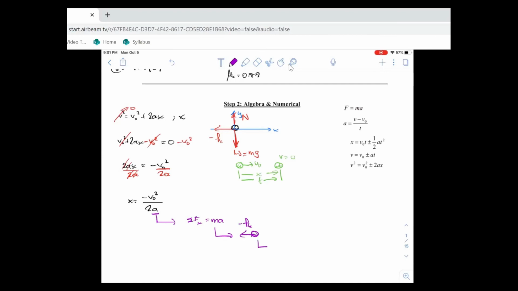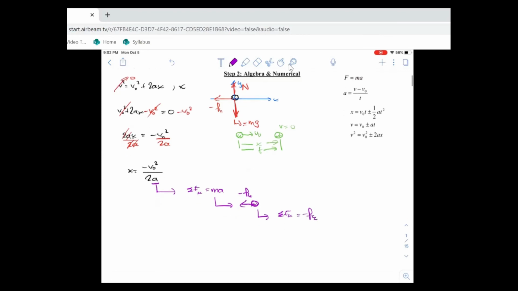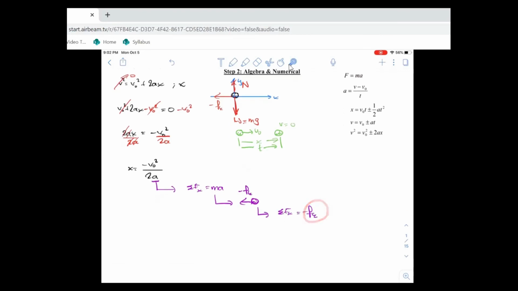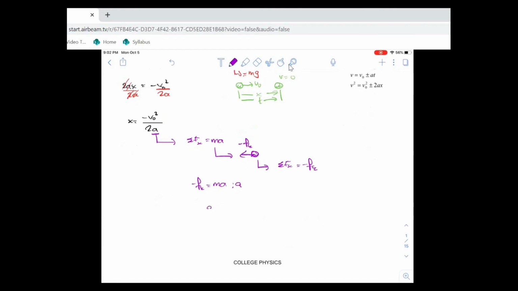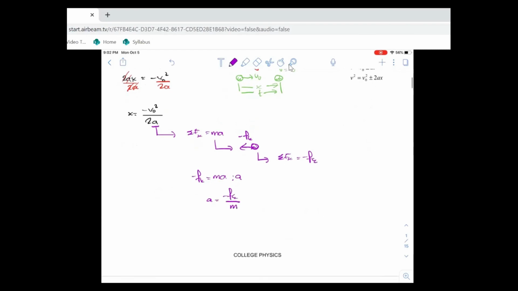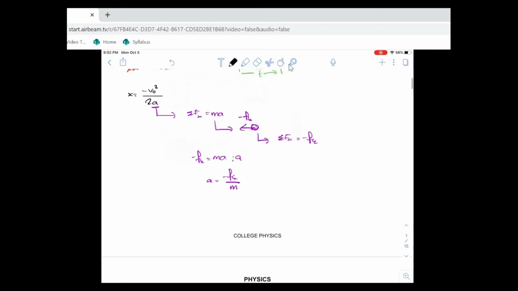So the net force along the x direction is just the negative of the kinetic frictional force. This is going to get substituted into that. It's going to be ma, so sub for a. Okay, so I'm making it longer, but that's fine, so you can see the work.